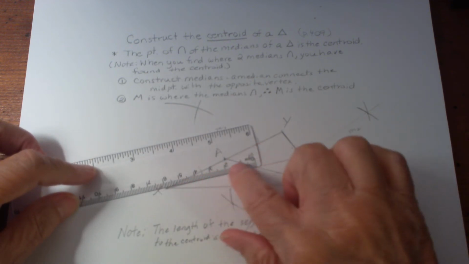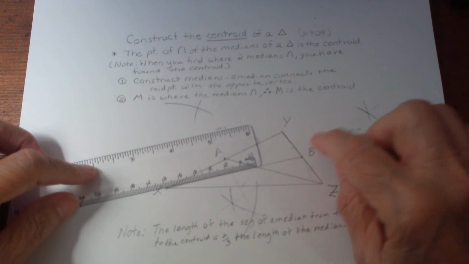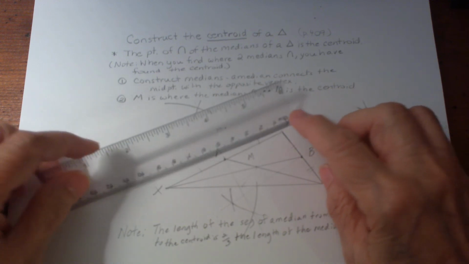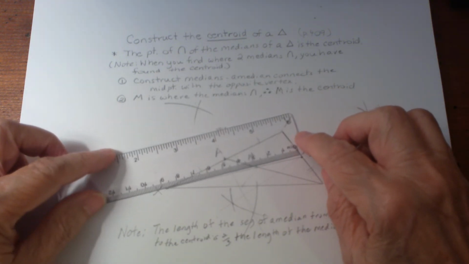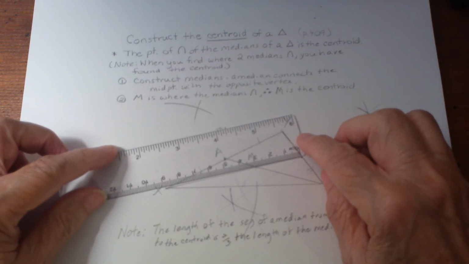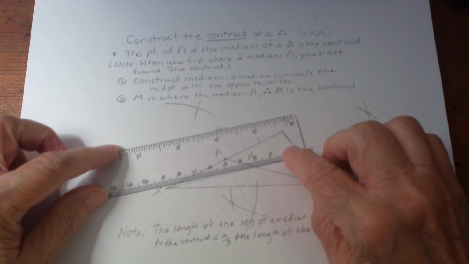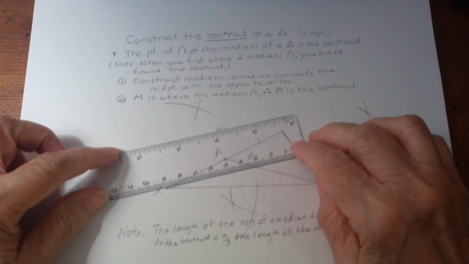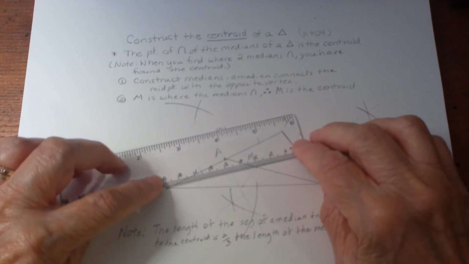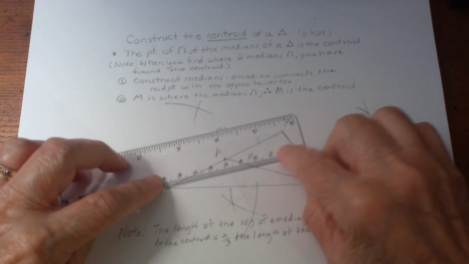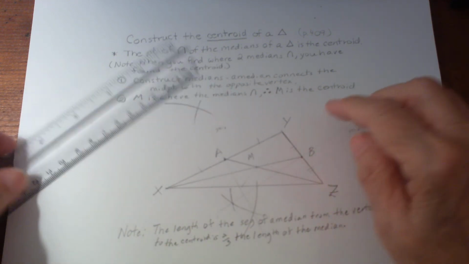So if this is 2/3 of this line segment, then from B to M should be about 2 centimeters. Let's measure and see. Did I mess up? No, I didn't, I told you wrong. This is 3, and the entire length is 9. So 6 is 2/3 of 9. 3 and 6.